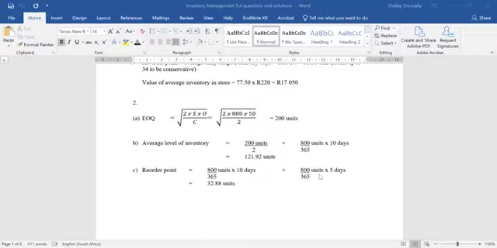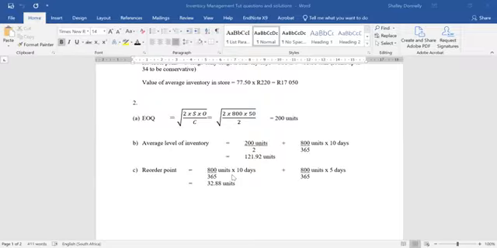So 22 plus 10.88 units to cover them for 5 days. That's the delivery delay, and the 22 units to cover them for their buffer stock.